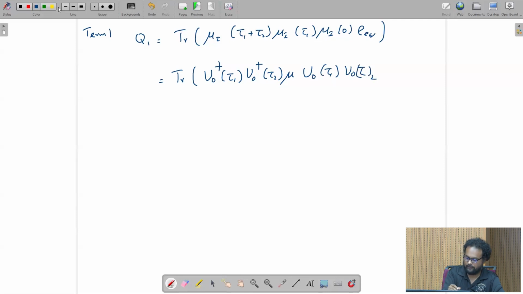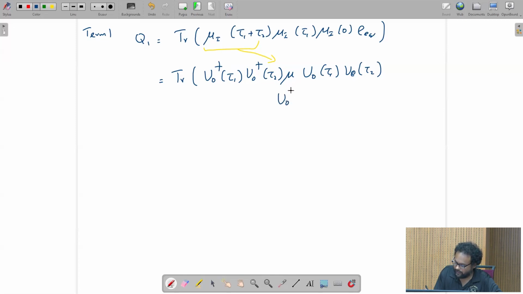So this one is expanding this, right? You know how to go from interaction to Schrodinger pictures. Similarly, you can do the same thing there. No, I didn't make a mistake. Good.